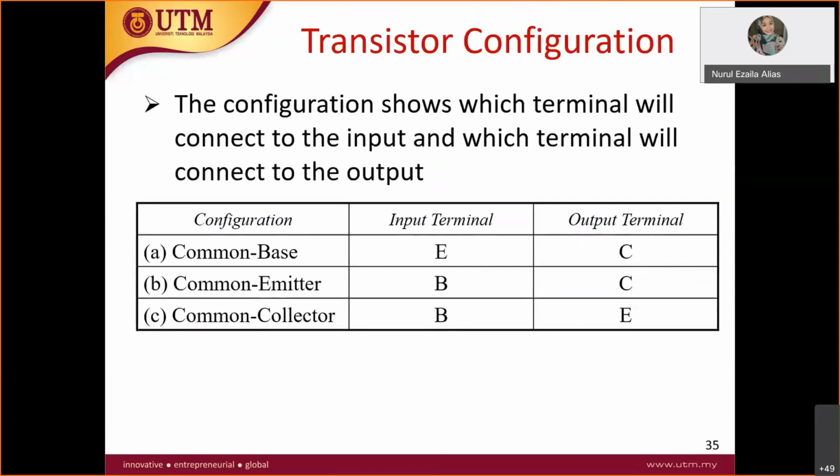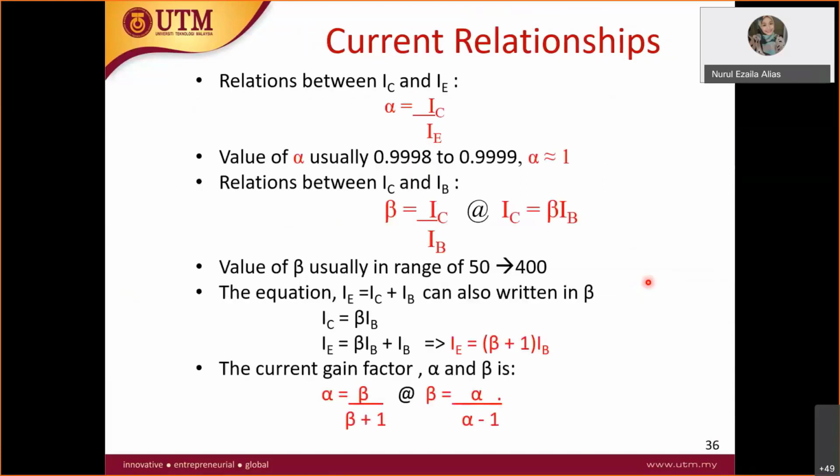So this is a summarization for the common emitter configuration. Common emitter means that the emitter is grounded, so the input is at the base and the output is at the collector. I repeat in my slides again and again the current relationship between collector and emitter, so I believe you should have memorized this. Alpha equals IC over IE, and alpha is approximately equal to 1.